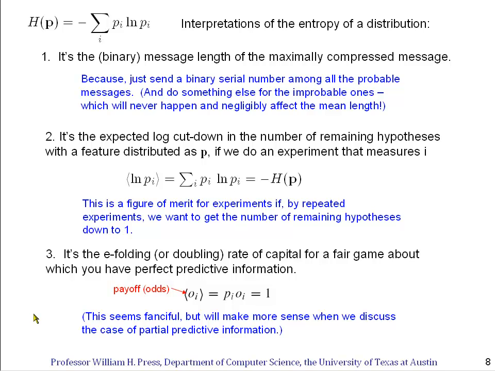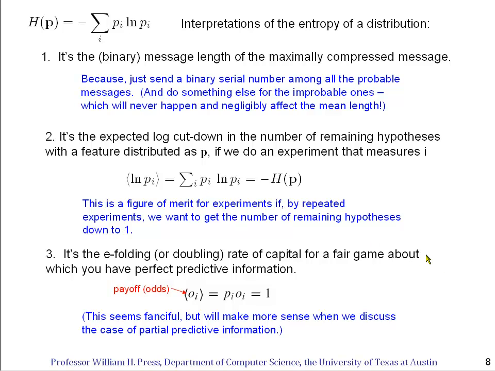Well, if you think about it, the log of your capital, growing from $1 to $2 to $3.72 or whatever to $8 and so on, will increase with each race by the entropy, because it's essentially the same calculation as up here. You get a payoff each time of log of oi, which is minus log pi, but that occurs only in each race with probability pi, because you don't get to control which horse wins, you only get to know which horse wins.